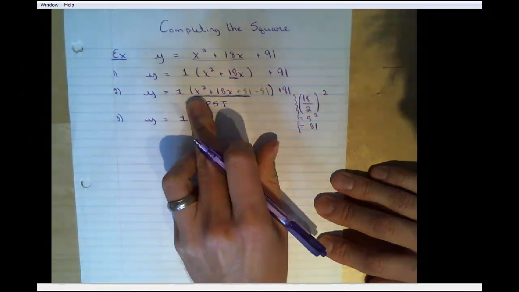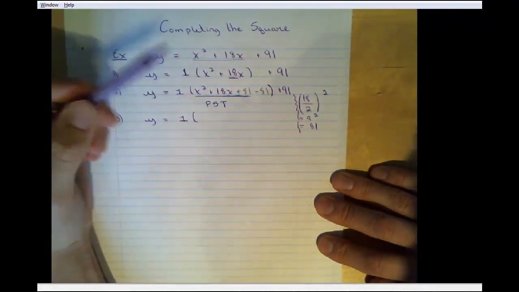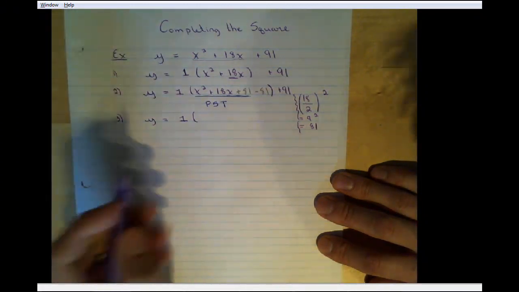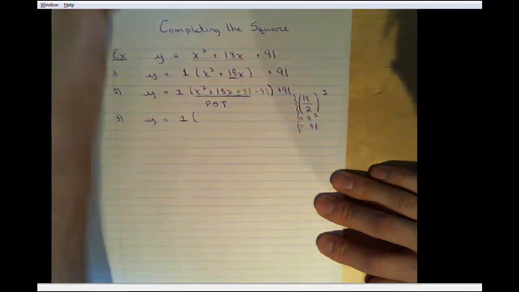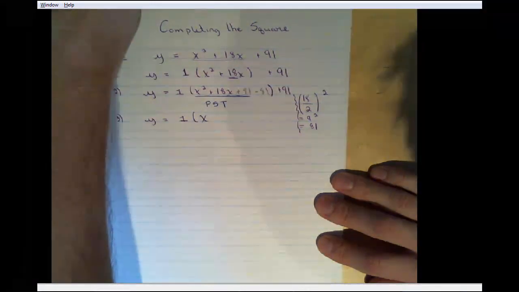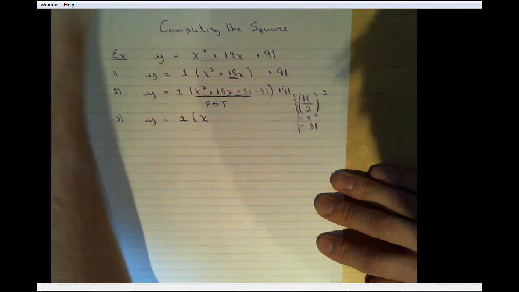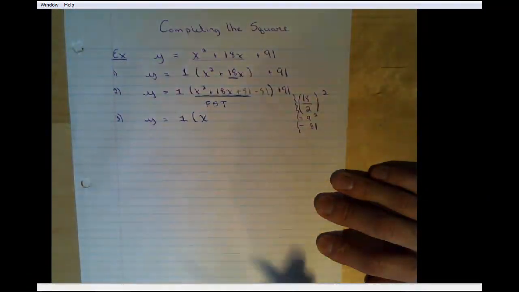We're dealing with the perfect square trinomial part. x squared. What's the square root of that? It's x. 81. What's the square root of 81? It's 9.